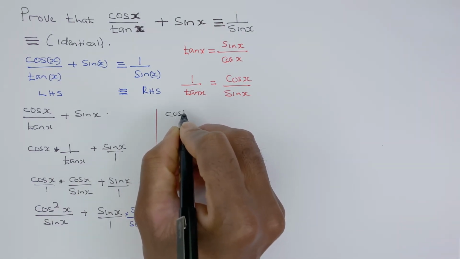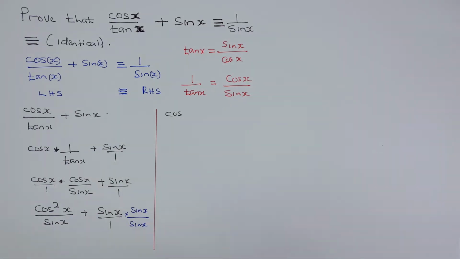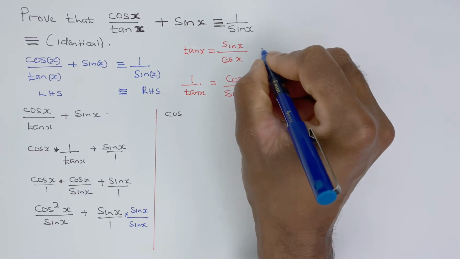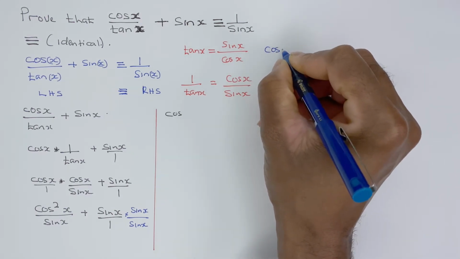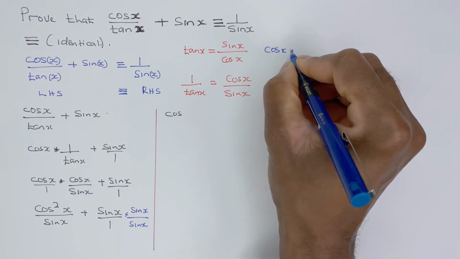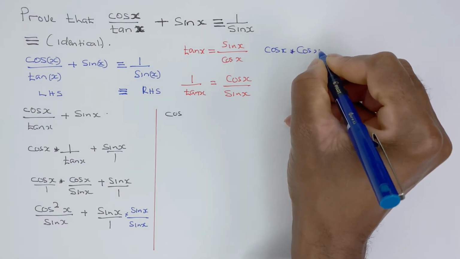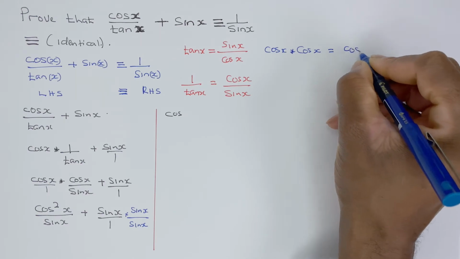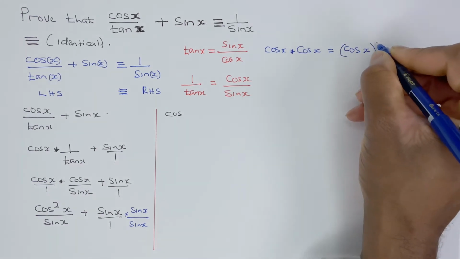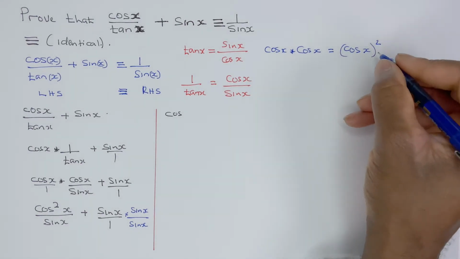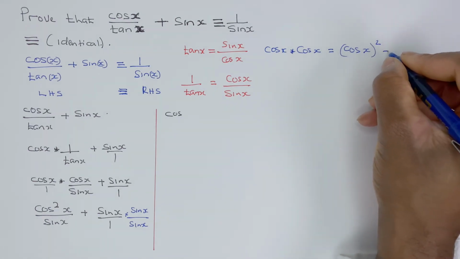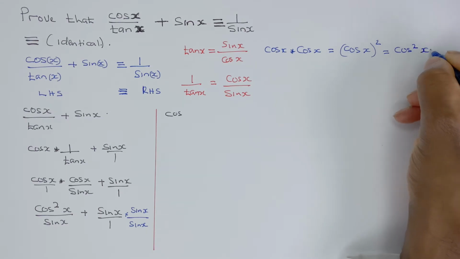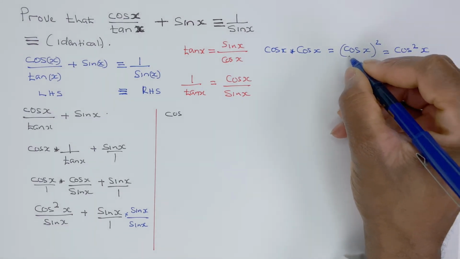When we write cos squared x, cos x times cos of x can be written as cos x squared. But we don't write it like that. We actually write it like this. Cos squared of x. That's what that is. So that's basically the same thing.